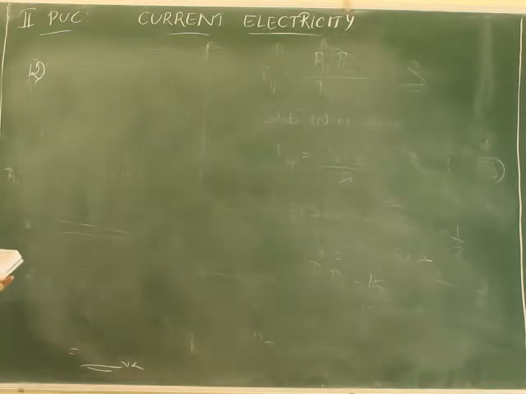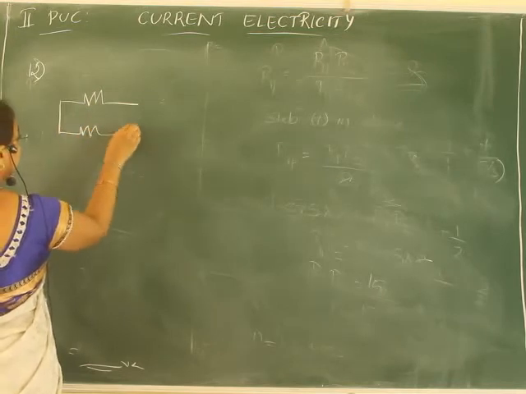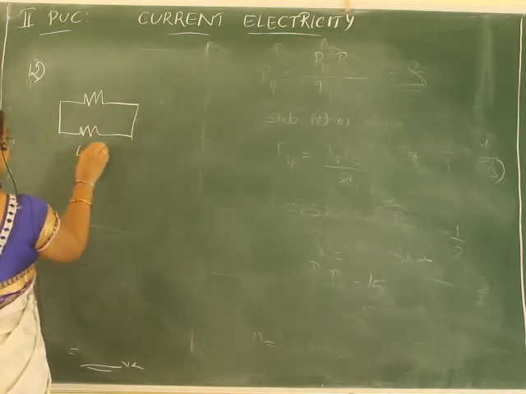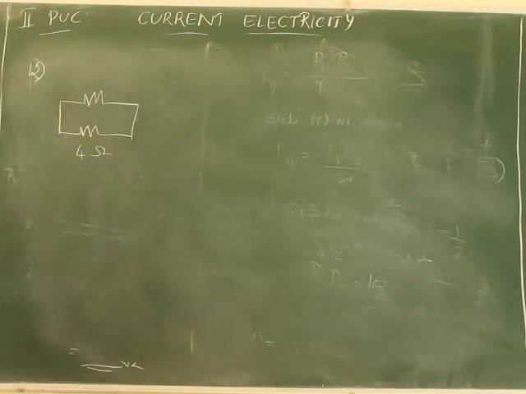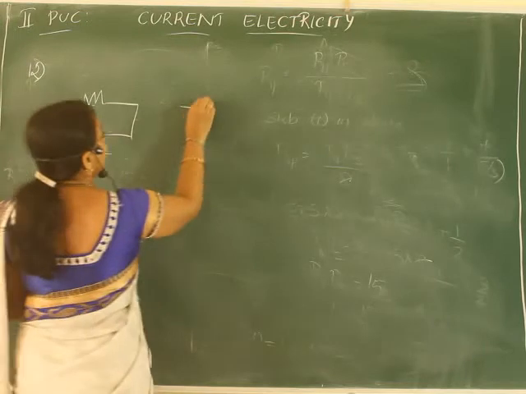An unknown resistance is connected parallel with the resistance of 4 ohm. Okay, this is unknown resistance connected parallel with the 4 ohm resistor. Then what is given? Similarly, two other resistors, 2 ohm and 3 ohm are connected in parallel.